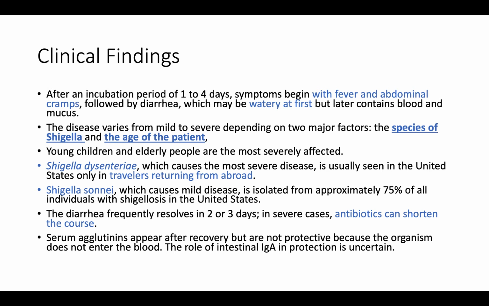The diarrhea frequently resolves in about 2 to 3 days. In severe cases, antibiotics can shorten the course. If there is invasion and blood involvement, antibiotics will definitely improve the course.